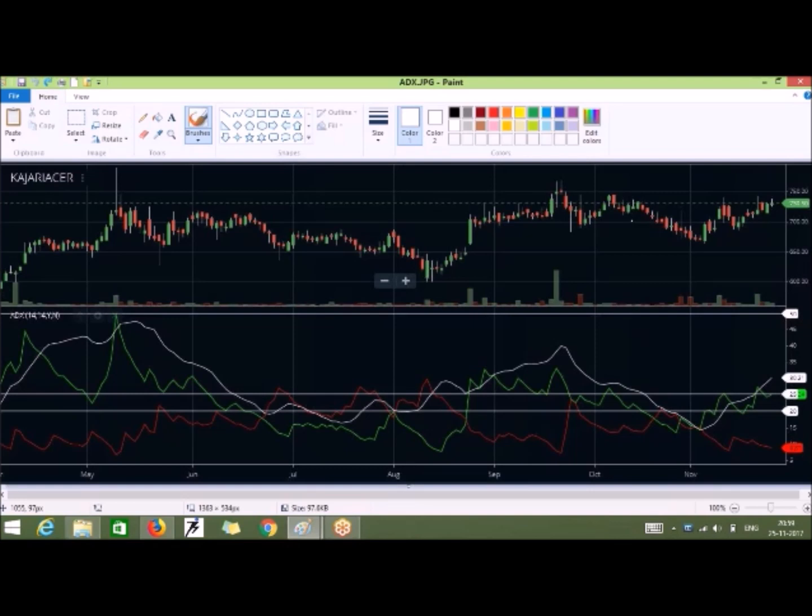Suppose you can take this point, but the ADX is not above 20, so it's not possible to find. The positive directional line is below. Suppose this case also, the positive directional line is below, ADX is also above 20, and you can see a small downtrend over here.